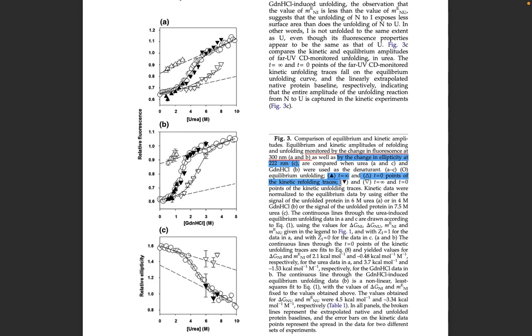Now there are some triangles facing down, filled and open, which are the t infinity and t equal to 0 points. These inverted triangles are t equal to 0 points of kinetic refolding traces.